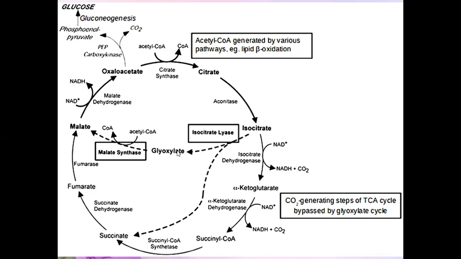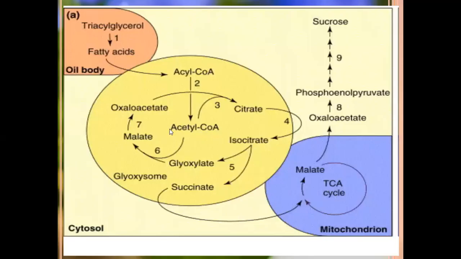Isocitrate cleaves into 2 carbon atoms of glyoxylate and 4 carbon atoms of succinate. For this reaction, the isocitrate lyase enzyme helps. The 2 carbon atoms of glyoxylate combine with 2 carbon atoms of acetyl CoA in the presence of malate synthase enzyme to form malate.